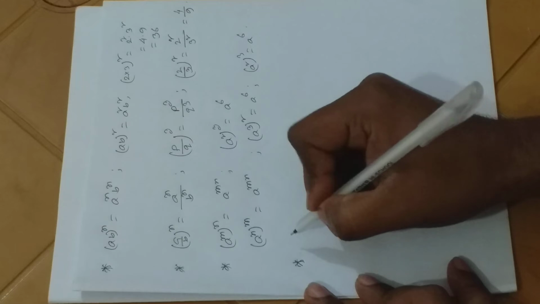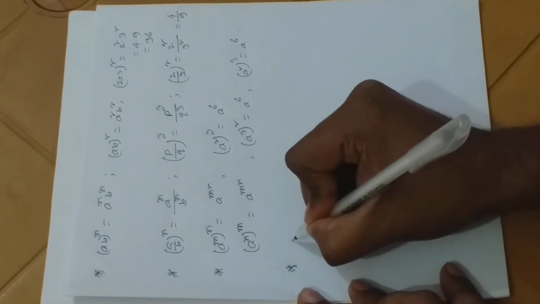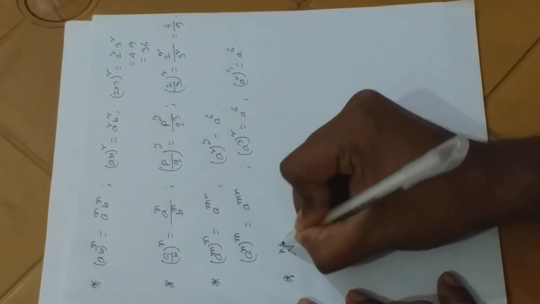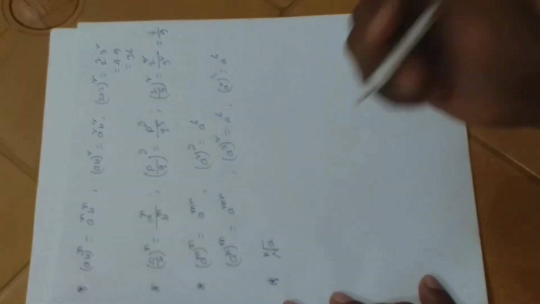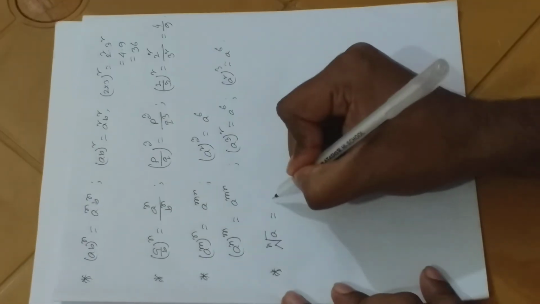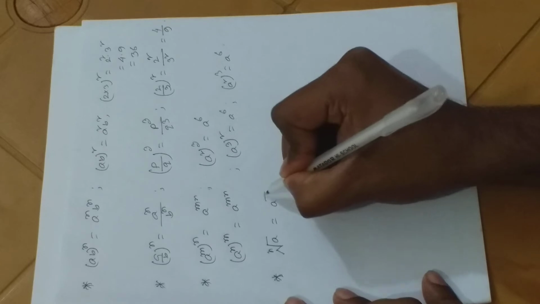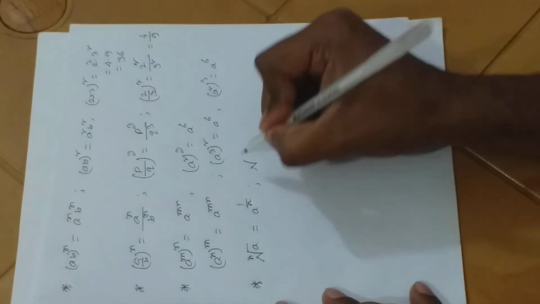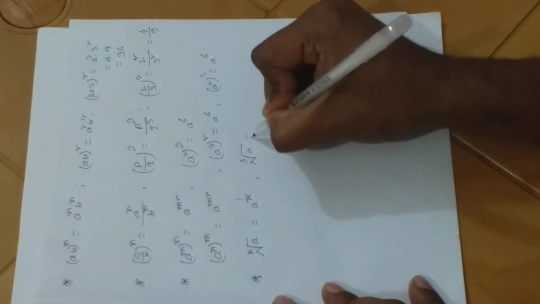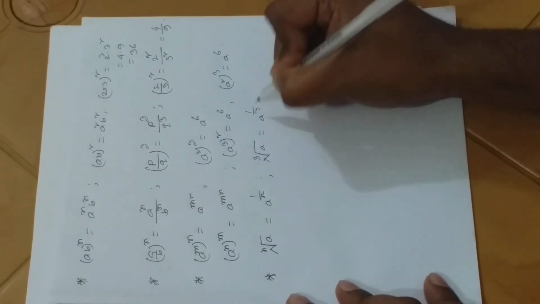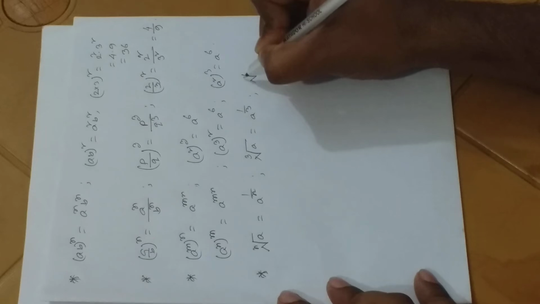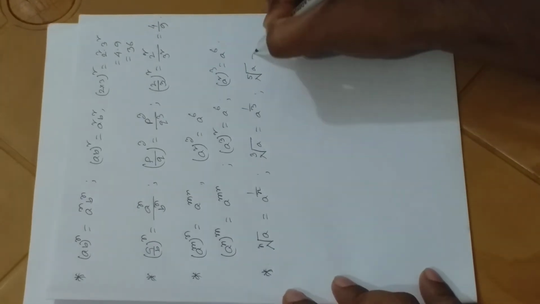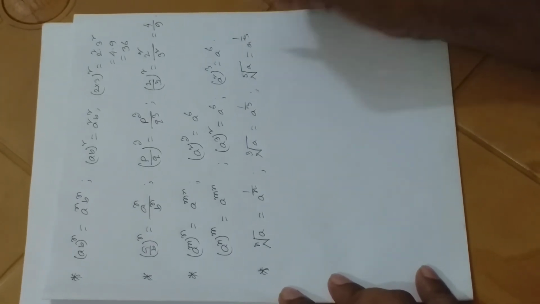Another formula, the nth root of a, we can write it as a to the power 1 by n. For example, root cube a, we can write a to the power 1 by 3. Root 5 of a, we can write a to the power 1 by 5.